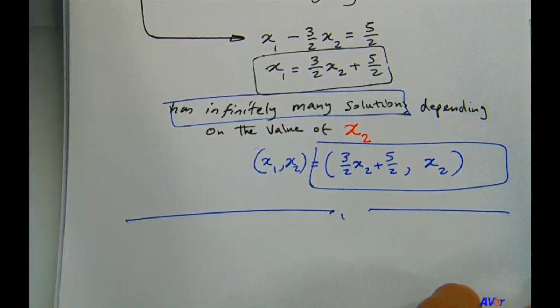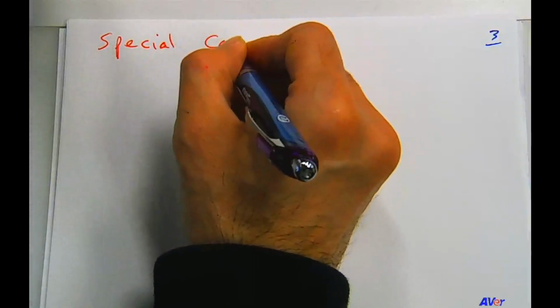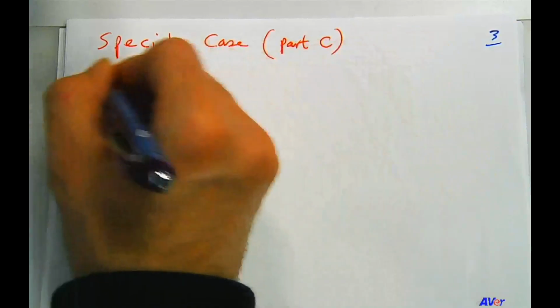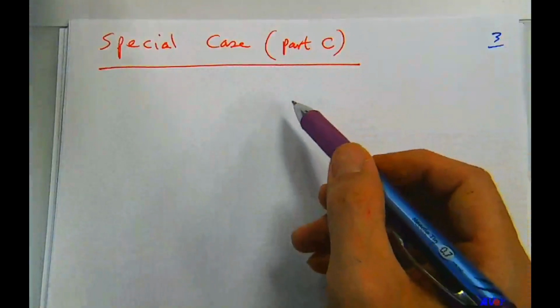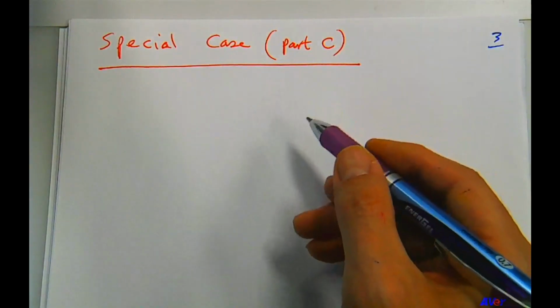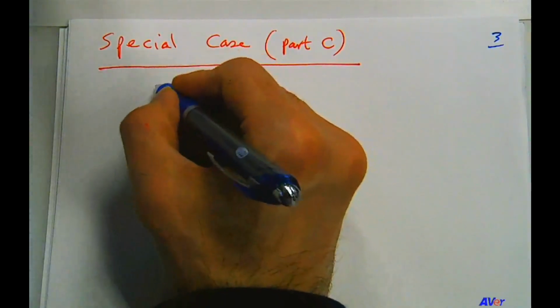Okay, let's see another special case. So we'll call this special case part C, right? In this case, we're going to have a special case for a 3 by 3 matrix. So just recall, this is from section 2.2.